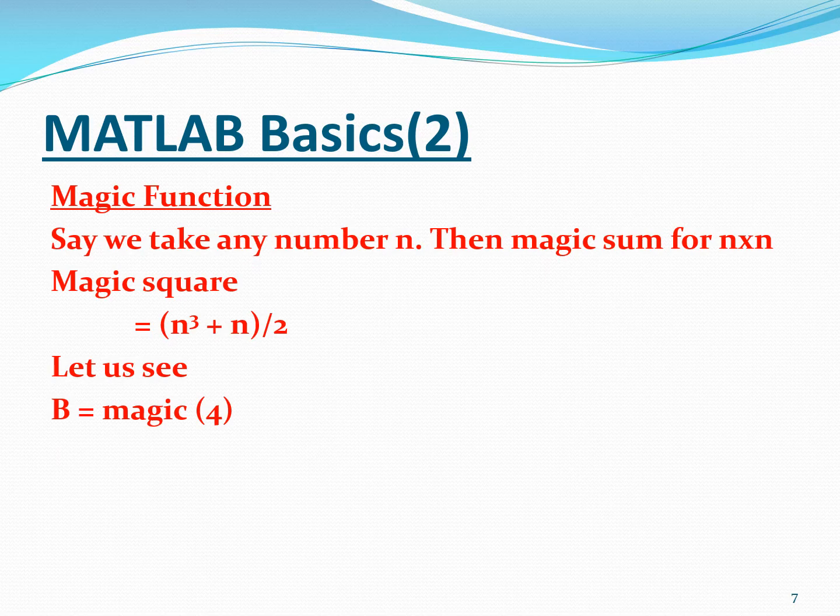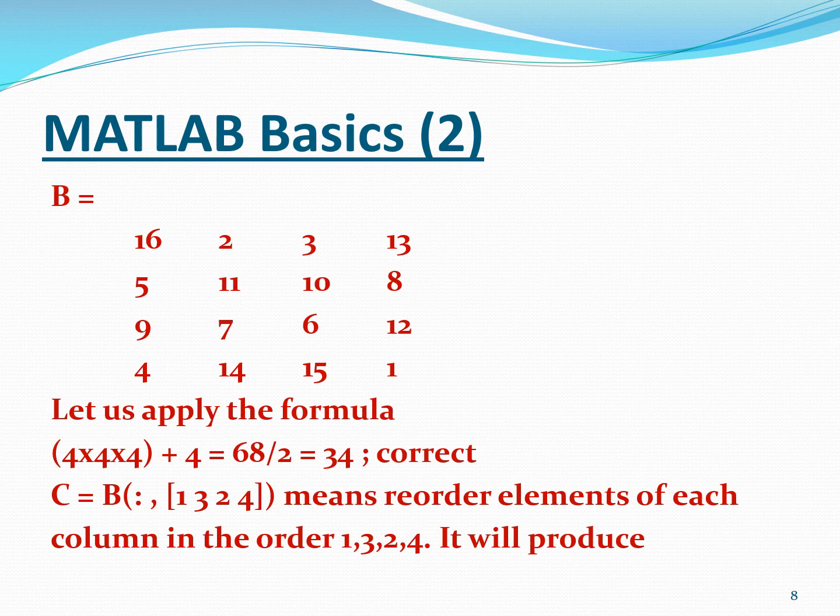Now the magic function. Say we take any number n, then the magic sum for an n by n magic square is equal to (n cubed plus n) divided by 2. So let's see matrix B. What is magic(4)? MATLAB will generate B equal to 16, 2, 3, 13, 5, 11, 10, 8, and the other two lines as shown.